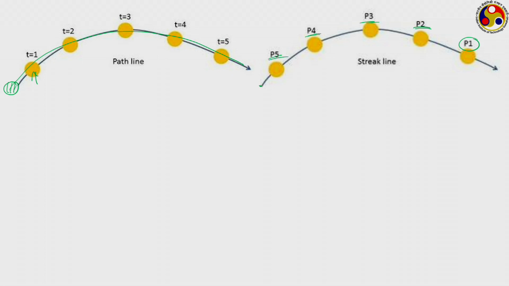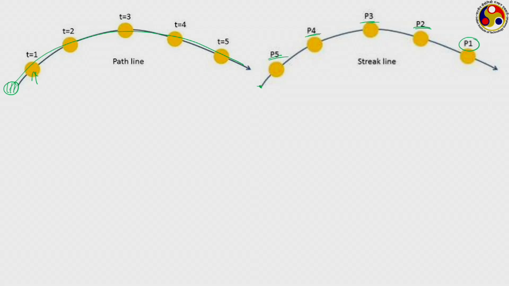Now, if we join all of them at a particular instant of time, then what we get is the streak line. So, a streak line is available at a particular instant of time, and it relates to a particular position through which all these relevant particles are passing, whereas a path line is drawn over a period of time. Here we are focusing on a particular particle and seeing the locus of its movement.